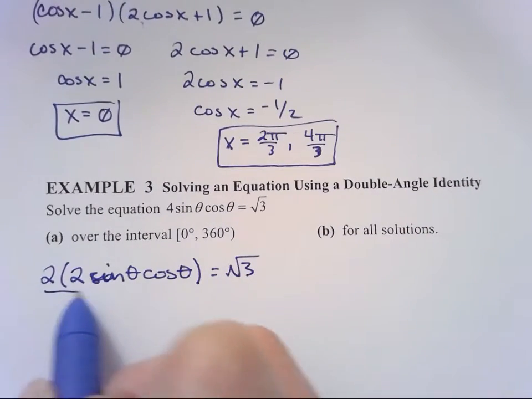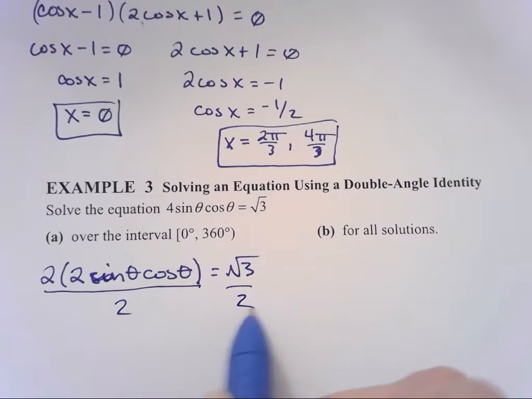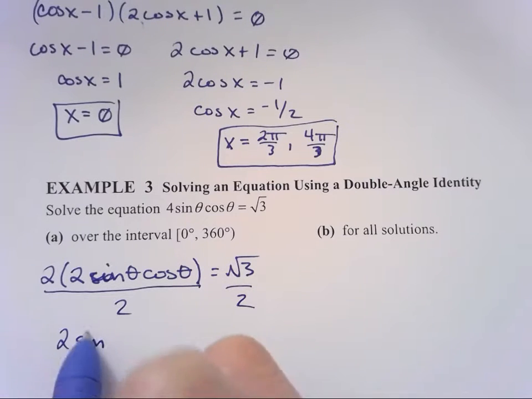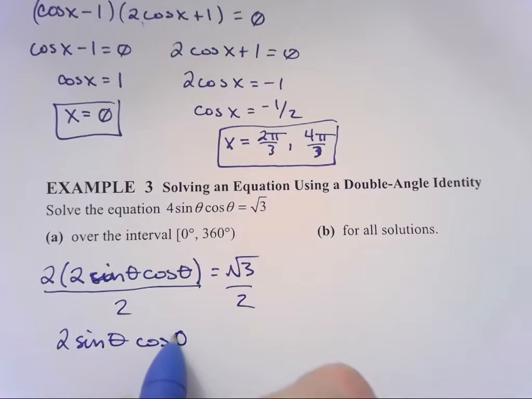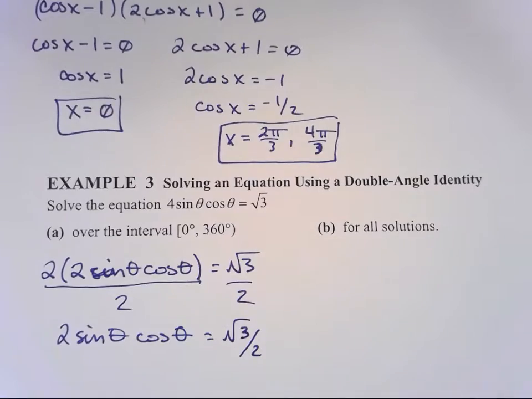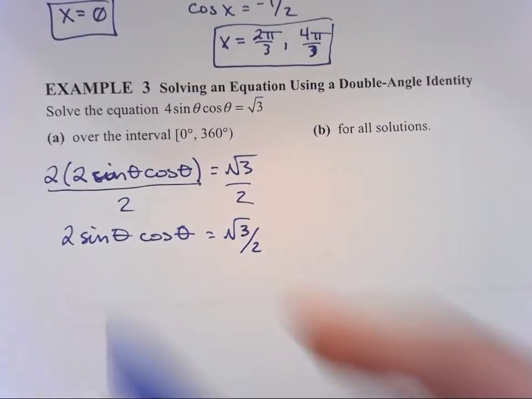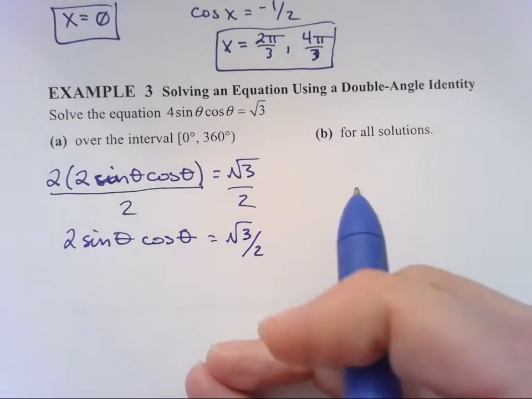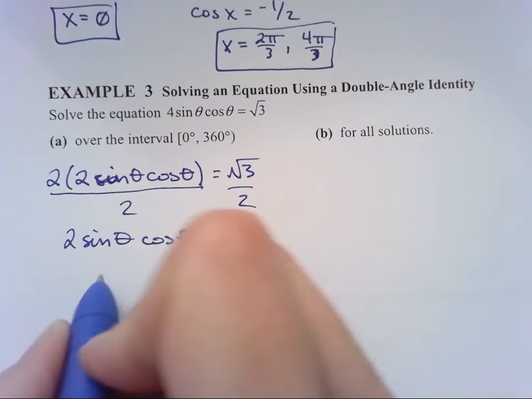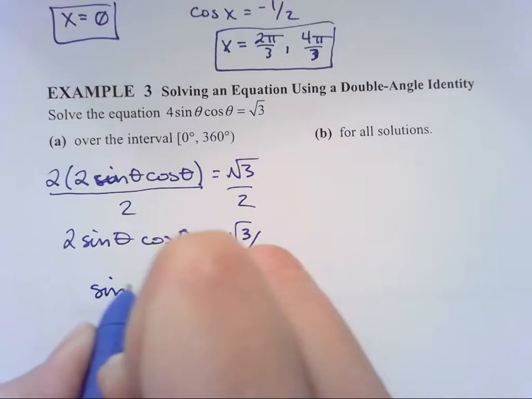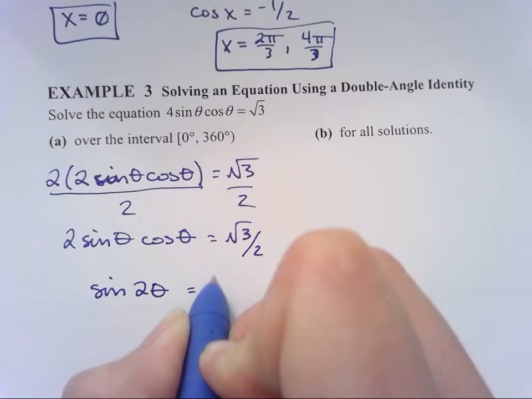If I divide both sides by 2 now, it's going to leave me 2 sine theta cosine theta on the left equal to root 3 over 2. Now that is on the unit circle. But first I have to figure out what's going on in here. Well, 2 sine theta cosine theta is sine 2 theta.